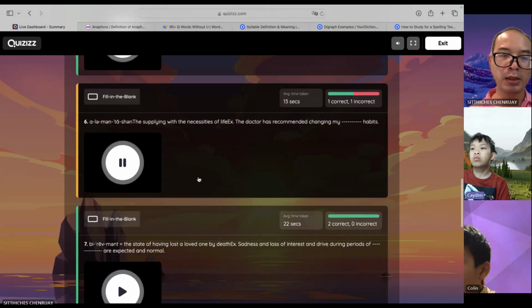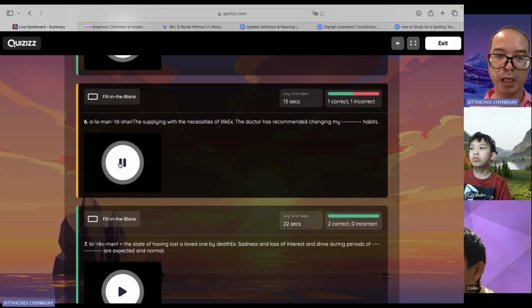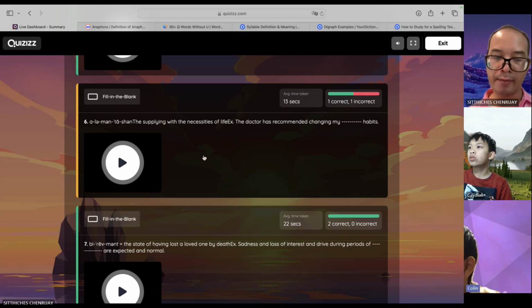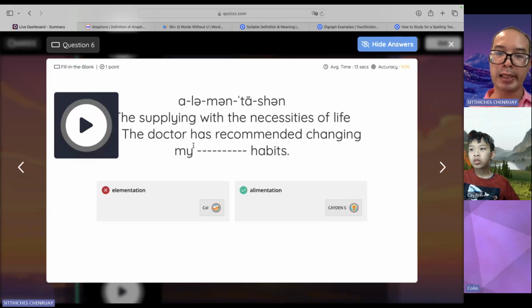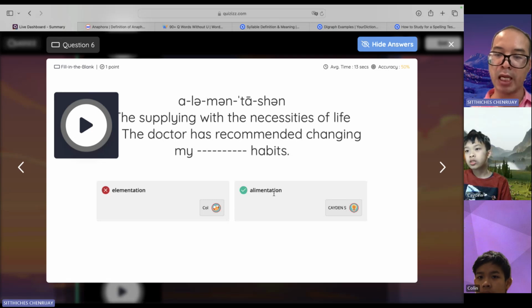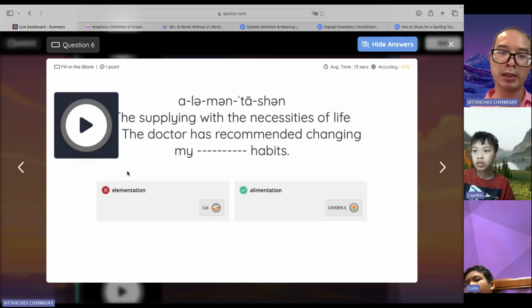And then alimentation. How do you spell it? E-L-E-M-E-N-T-A-T-I-O-N. Not E-L-E, but this one: A-L-I-M-E-N-T-A-T-I-O-N. Okay.